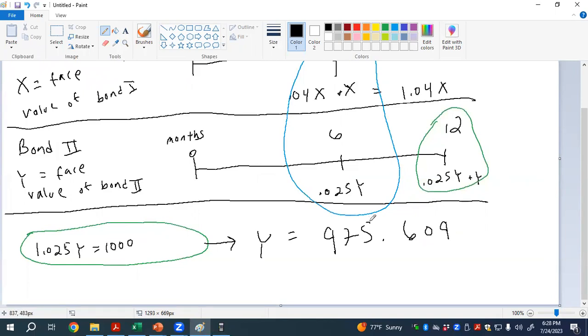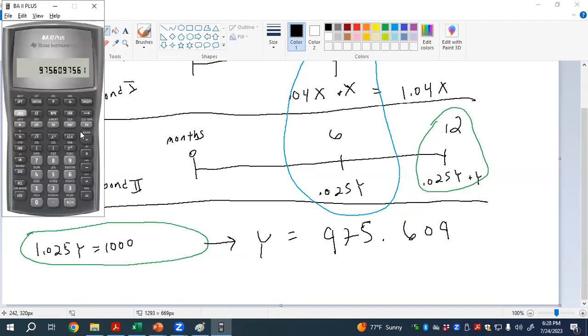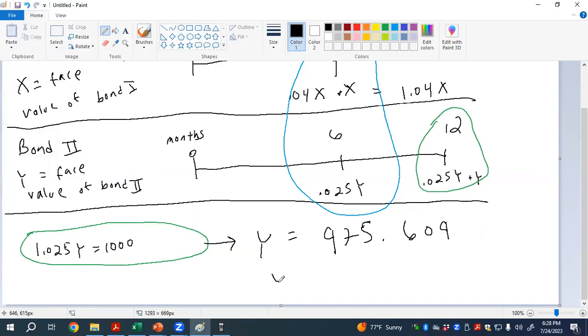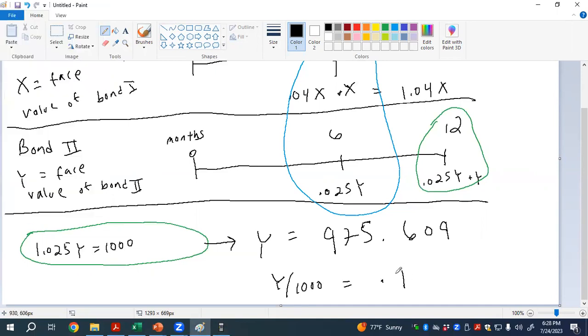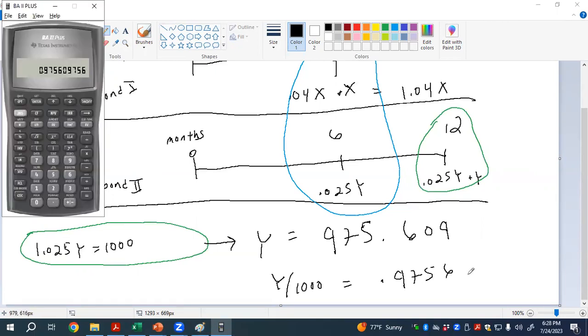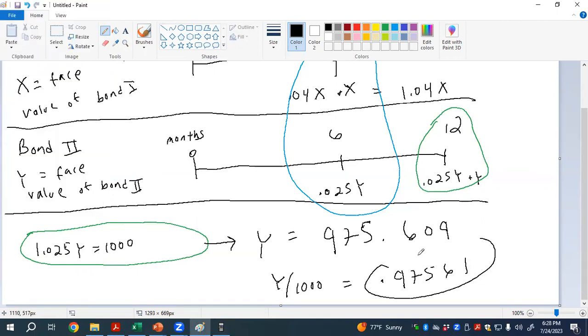You don't need to round too much for this. So divide by 1,000. Remember, we're trying to get face value per 1,000, so we get 0.97561.